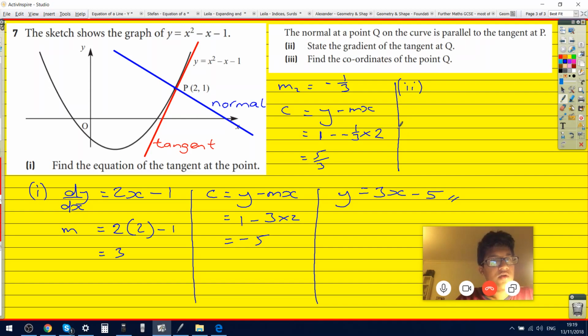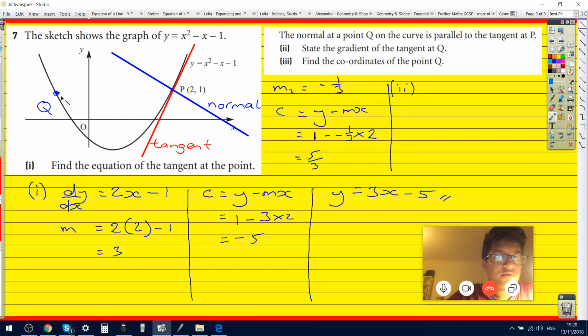Yeah, so if we draw a straight line parallel to the x-axis from P until a point on the curve, where it would meet somewhere there, if we leave that as our point Q, there's a normal that's parallel to the tangent at P. Okay, so you could imagine the normal parallel to the tangent at P. Mm-hmm. And the gradient at Q.